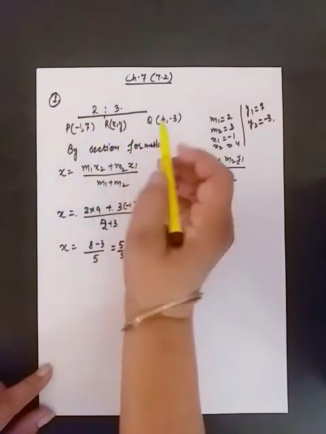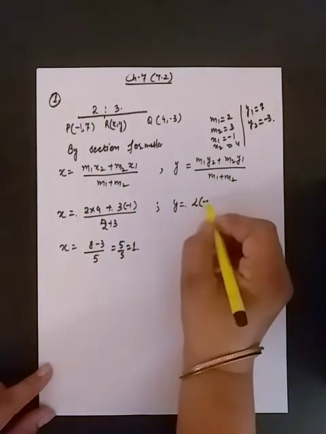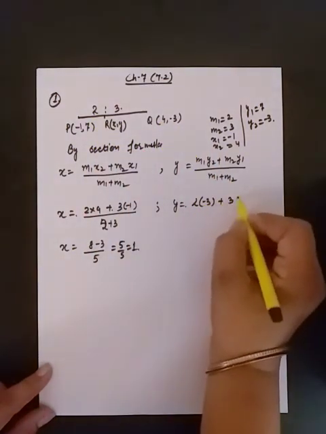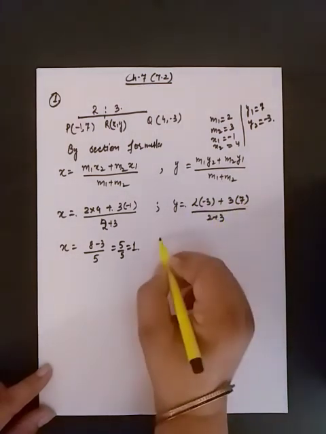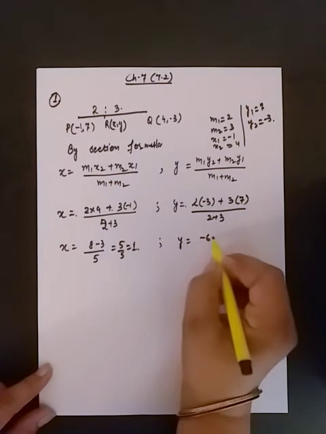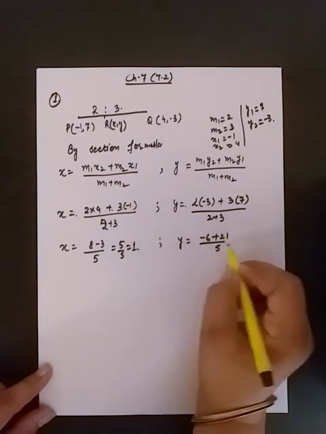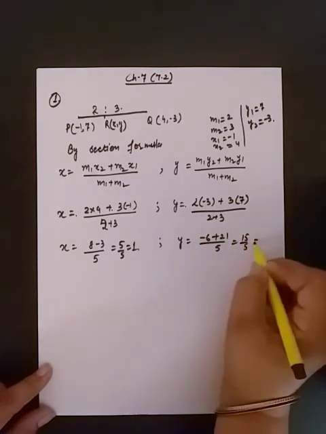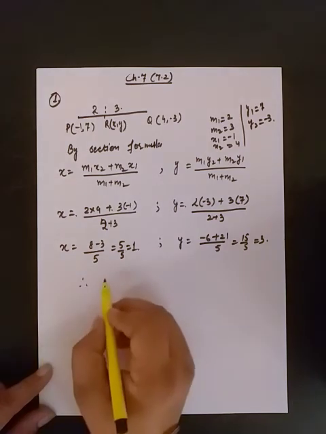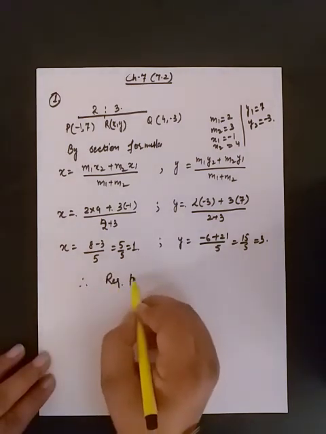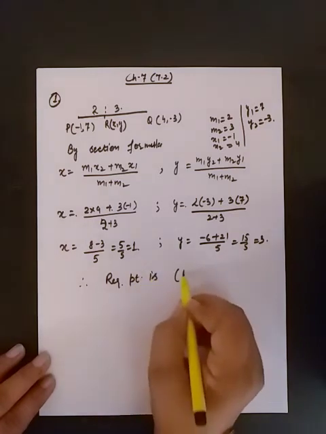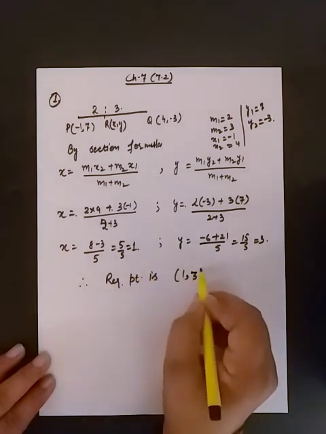Similarly, y is (2 into -3 plus 3 into 7) by (2 plus 3), and we get (-6 plus 21) by 5, 15 by 5 is equal to 3. So the required point is (1, 3).